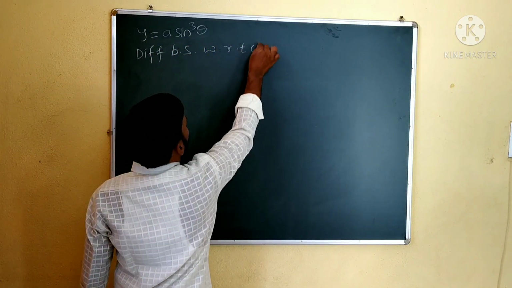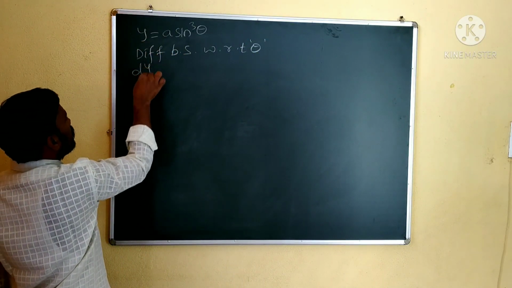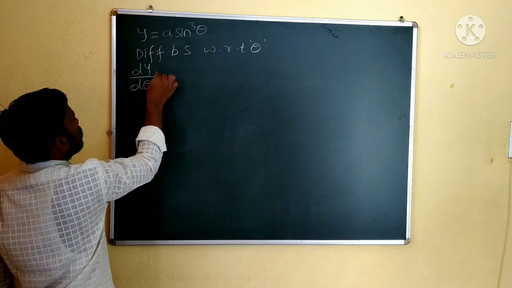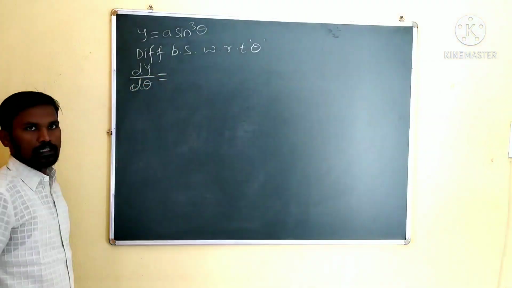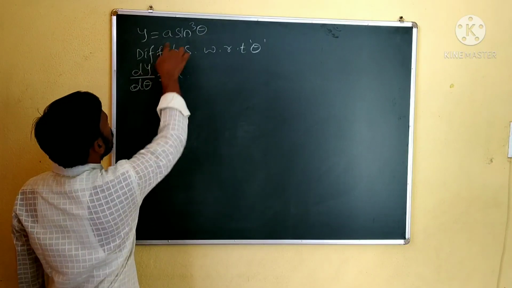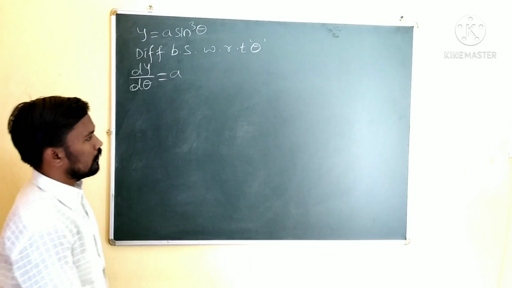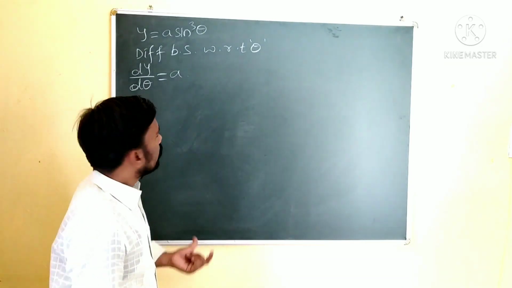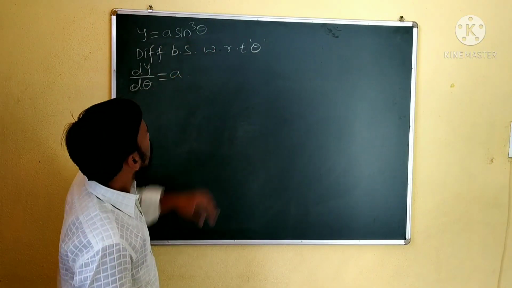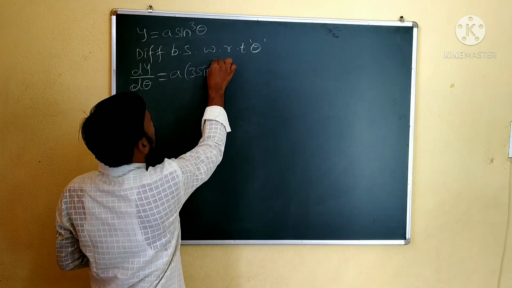So the derivative of y with respect to theta is dy by d theta. That is equal to a, which is a constant, write this as it is, and take the derivative of sin cube theta. Derivative of x cube, you know, again it is 3x square. And similarly, the derivative of sin cube theta is nothing but 3 into sin square theta.